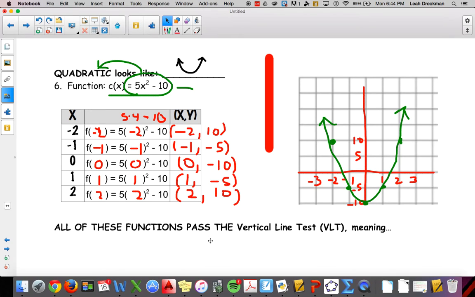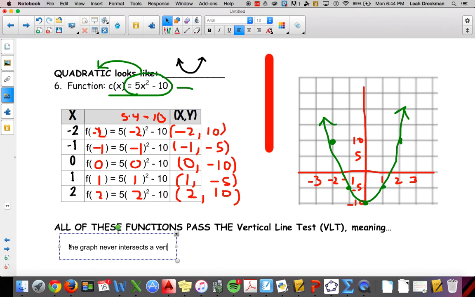So to finish the sentence starter down here, we'll say they pass the vertical line test, meaning the graph never intersects a vertical line anywhere on the graph more than once.